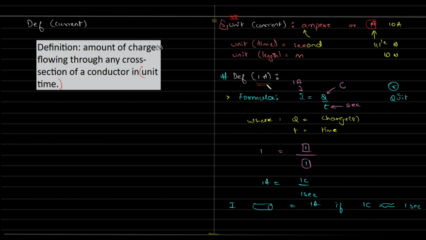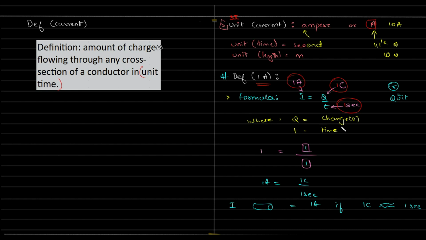The very next thing that any physics topic will ask you is to define 1 ampere. What is 1 ampere? How much is 1 ampere? Very simple. Write the formula and know the units of the right hand side as well. So 1 ampere of current is said to be passing through a wire which has 1 coulomb of charge flowing through it in 1 second.